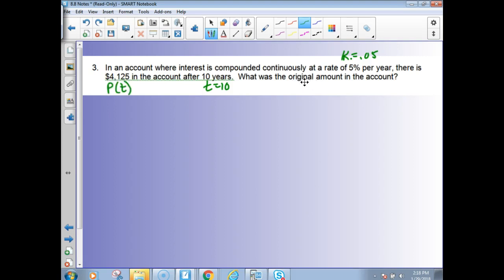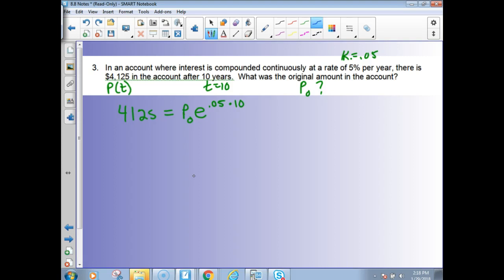That means we want to know what P sub 0 is, because it's asking for the original amount in the account. So we're going to put in the $4,125 for P of t. We'll have a P sub 0 in our equation because we don't know what it is, times e to the 0.05, our k, times 10.